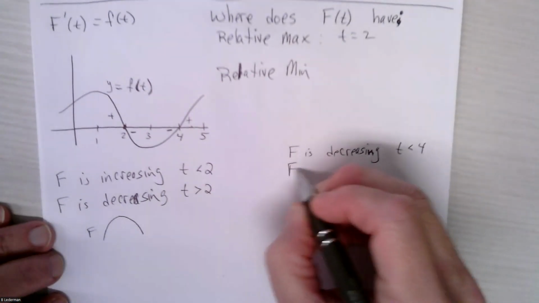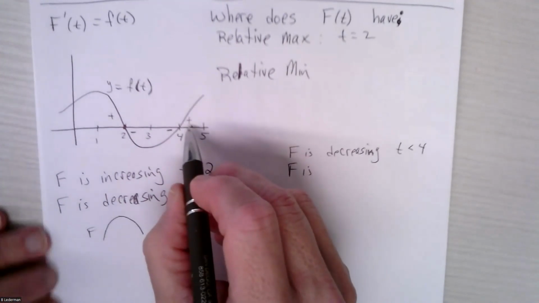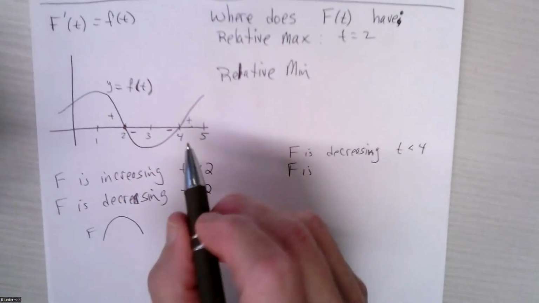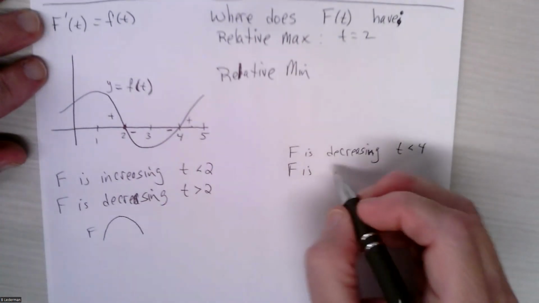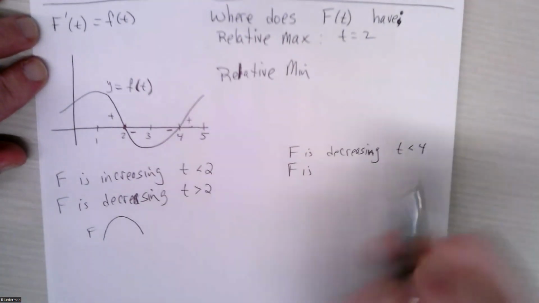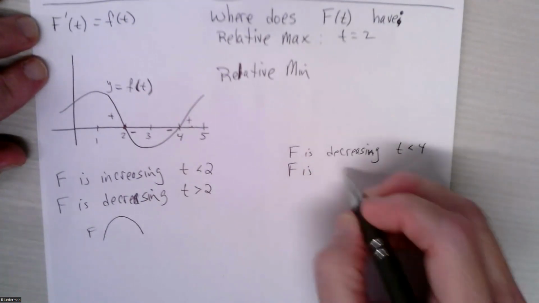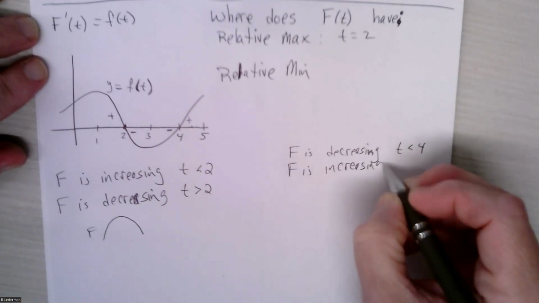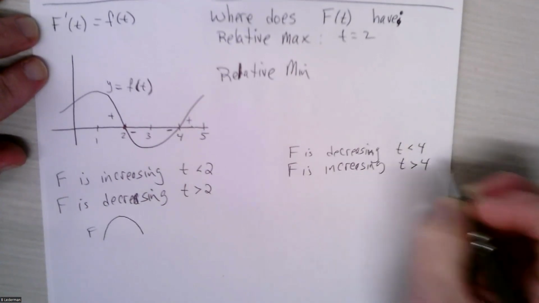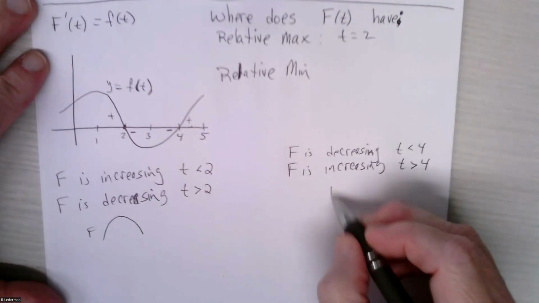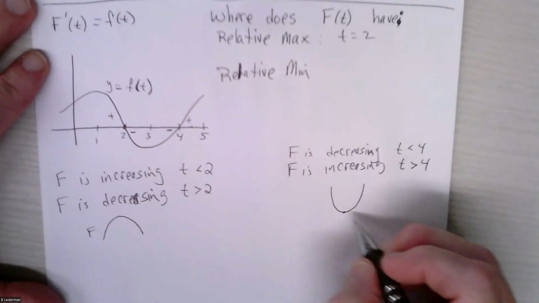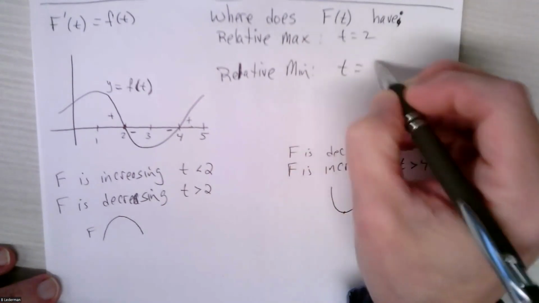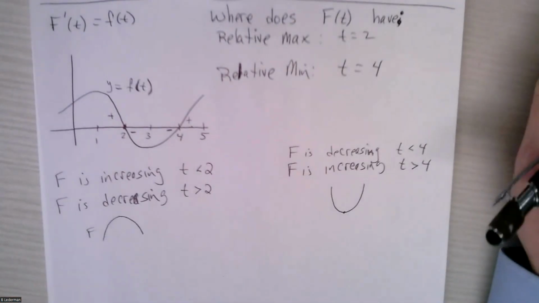And since small f, which is the derivative of capital F, is positive, that means the function F is increasing once t passes 4. Well, if something is decreasing and then it starts increasing, it means we have a min. So the min is going to be when t equals 4. And that's a very, very cool kind of problem.